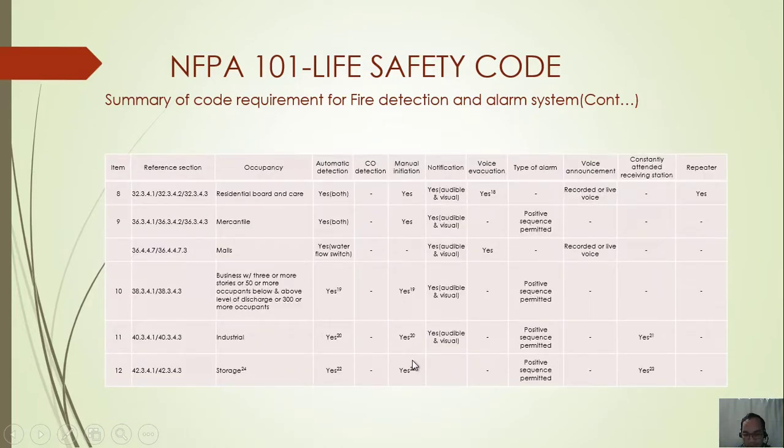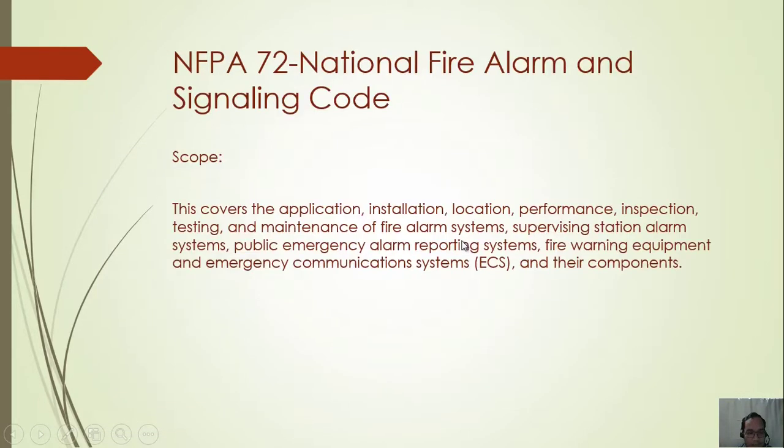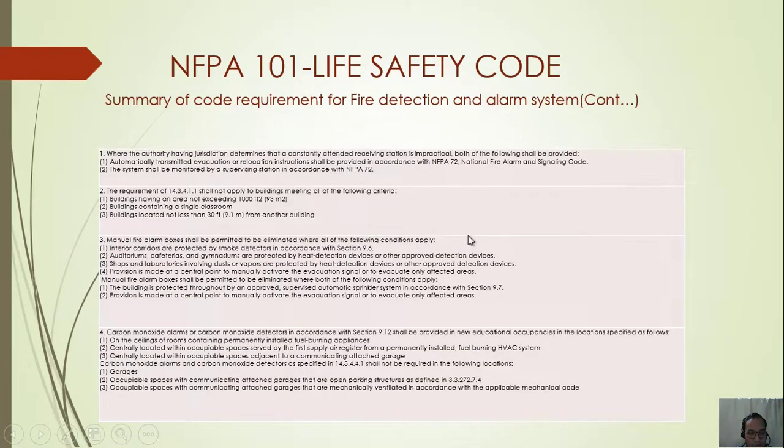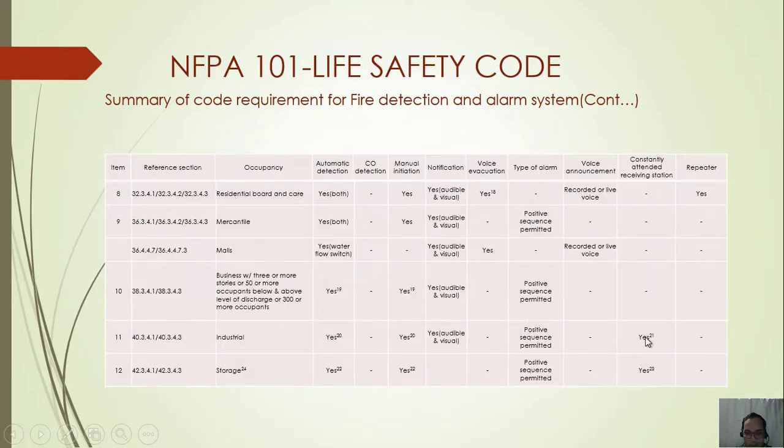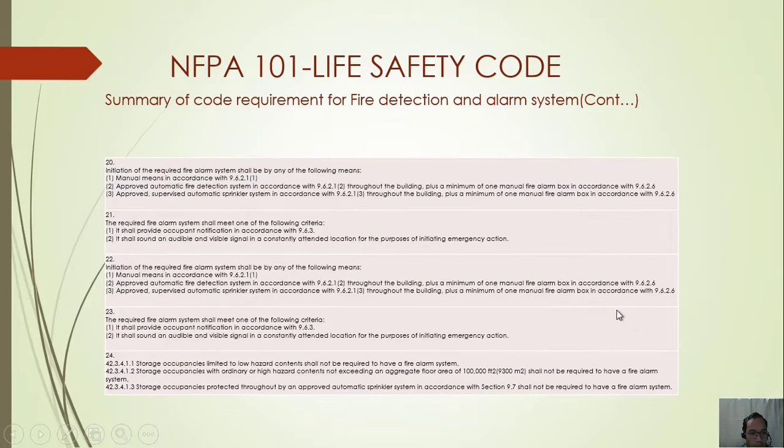There's a note for 21 also. Note 21, constantly attended receiving station. We'll see that one under industrial. So what is the note? The required fire alarm system shall meet one of the following criteria. It shall provide occupant notification in accordance with 9.6, okay. Or it shall sound an audible and visual signal in a constantly attended location for the purpose of. So either of these two is acceptable.